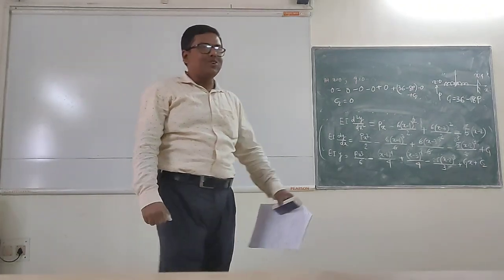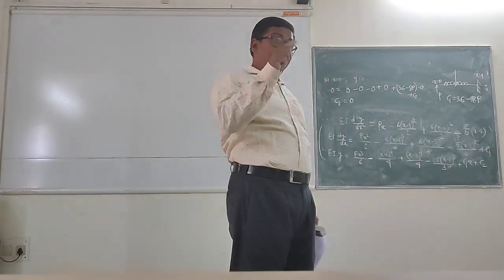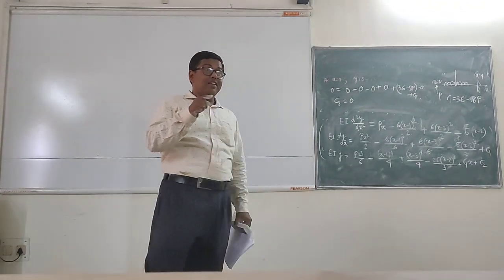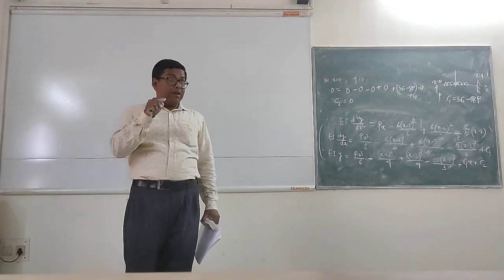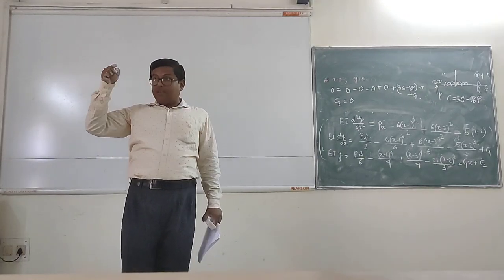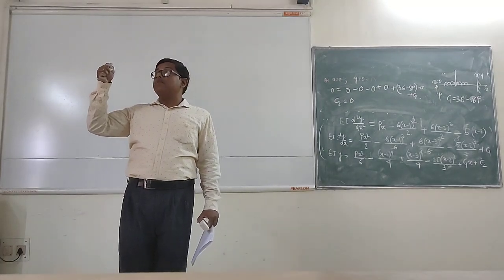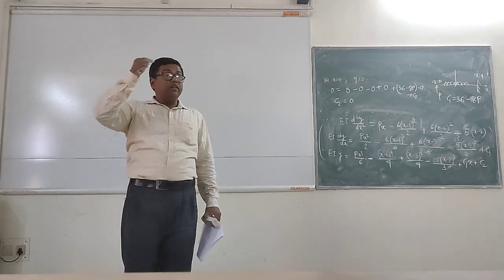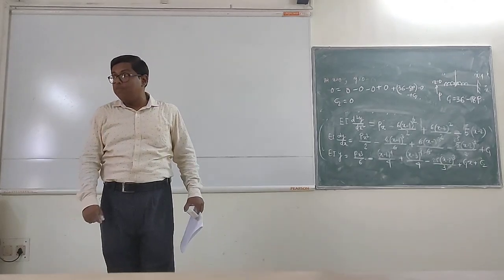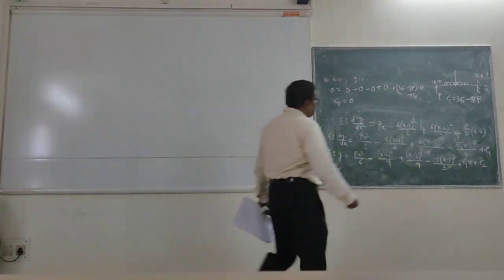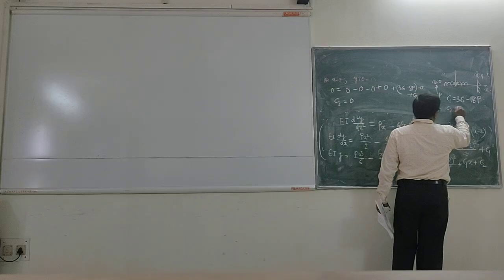So see the benefit and beauty of Macaulay's assumption and Macaulay's method. When we are considering double integration method along with Macaulay's assumption for putting the value, you see how simple it is to calculate the value of the second integration process. So this will give you C2 is equal to 0.